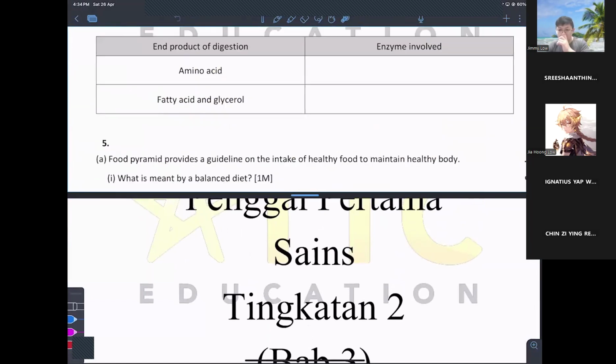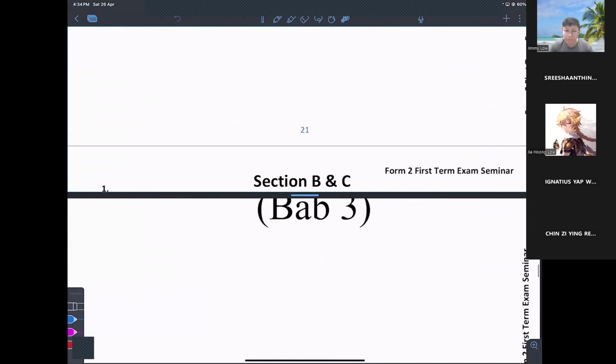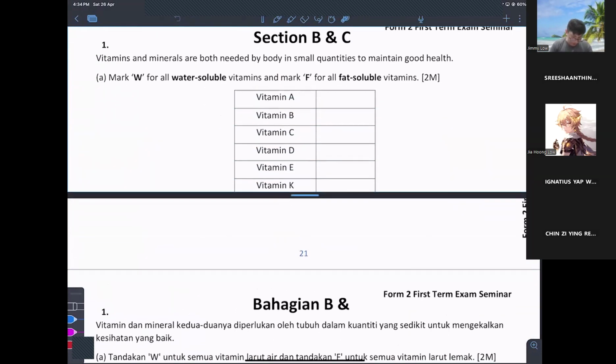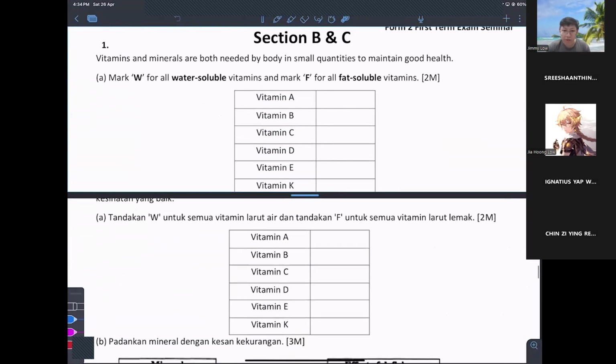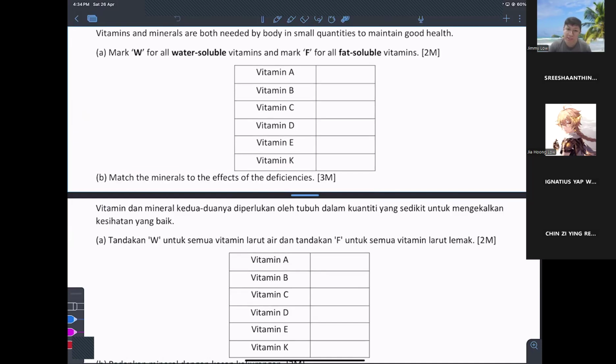Okay, so you go to your page 21. Okay, so the first thing you have to know is, I once mentioned when it comes to vitamins, you must know vitamins have a few classes: A, B, C, D, E, K. Okay, 6 classes.